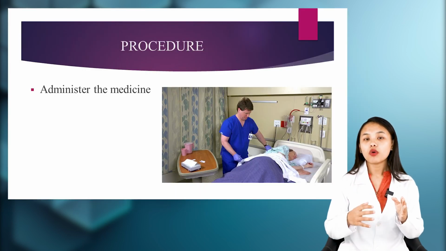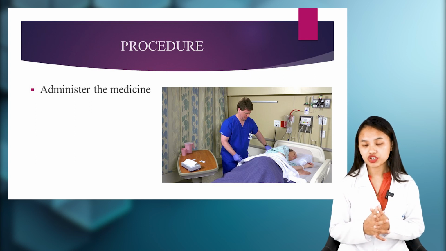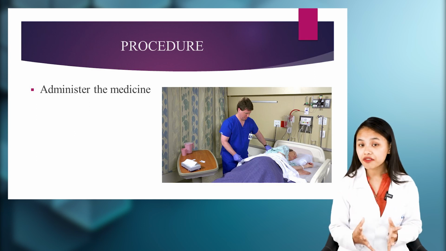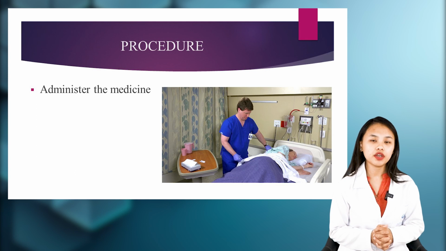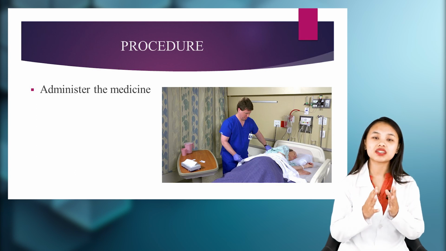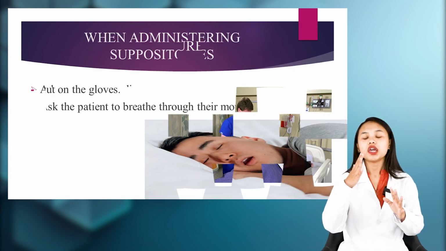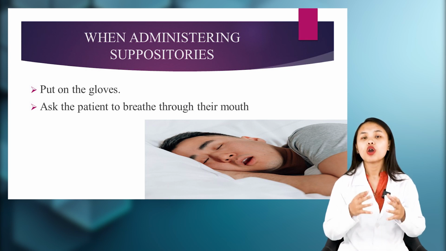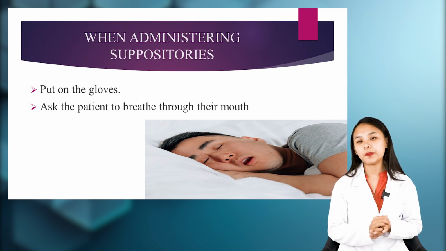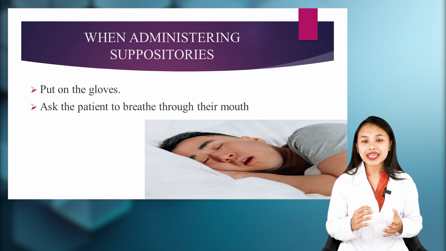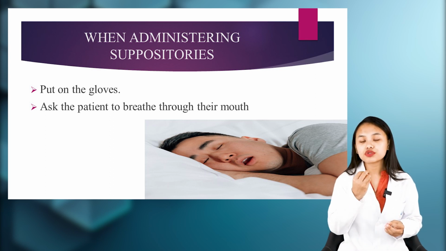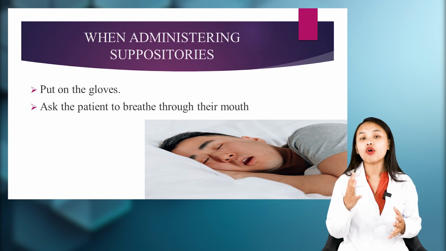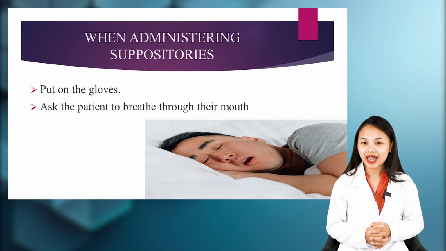So here, once we have prepared the patient and applied the ointment, then we can administer the suppository. Before we administer the suppository, we must advise the patient to take breaths through their mouth in order to relax the anal sphincter.